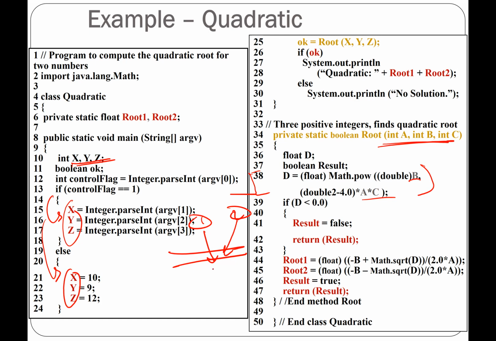But after they first get used, so this is node number 3, then we define a new variable, which we could have defined at this node over here, the variable result, or we could have defined it at this node over here, along with root 1 and root 2.